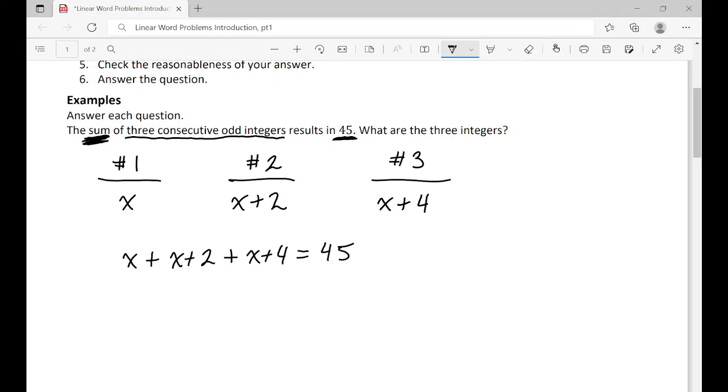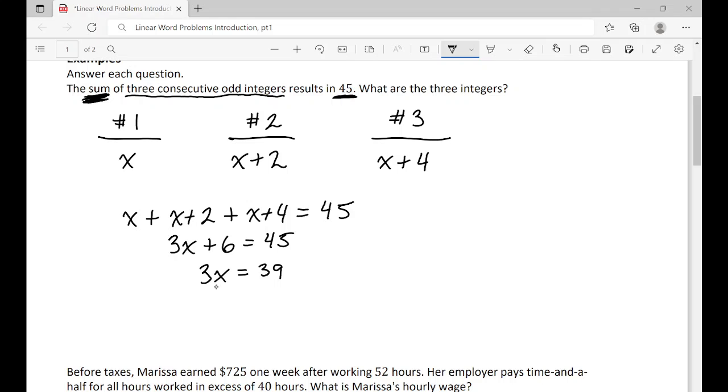Now I just solve. x plus x plus x is going to give me 3x. 2 plus 4 is going to give me 6. And it still equals 45. So I can subtract 6 over. And I'm going to get 3x equals 39. And then I'm going to divide by 3. So x is going to give me 13.